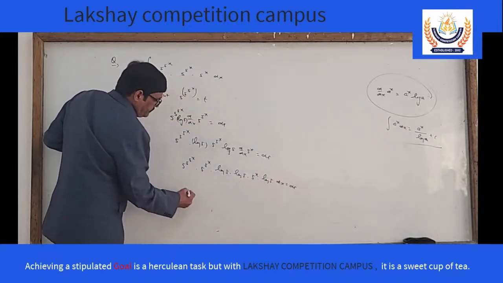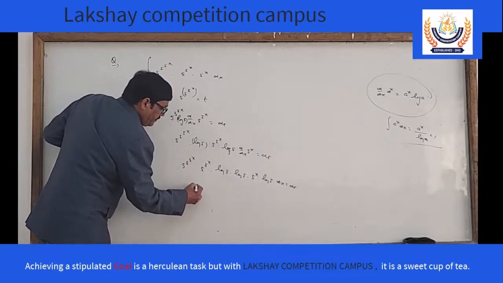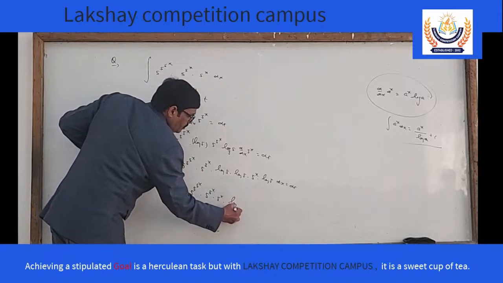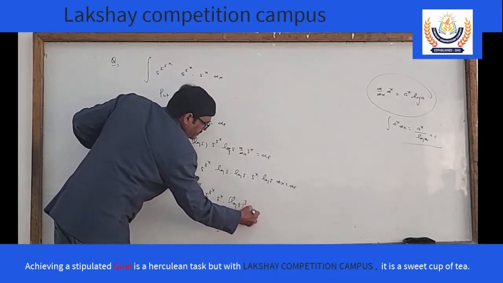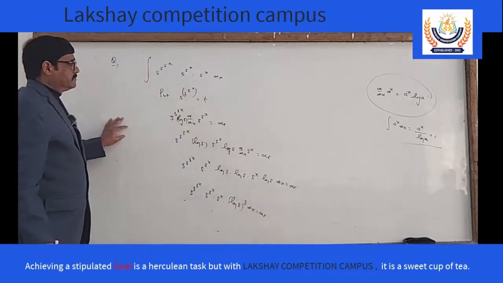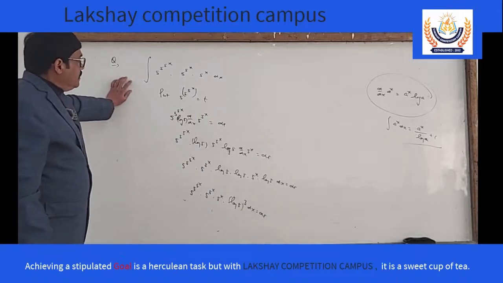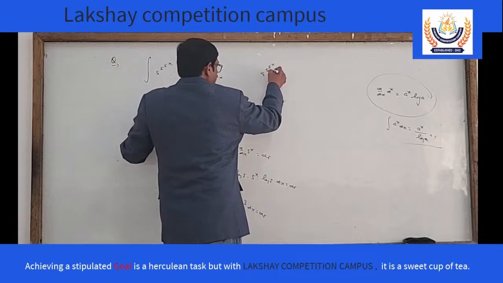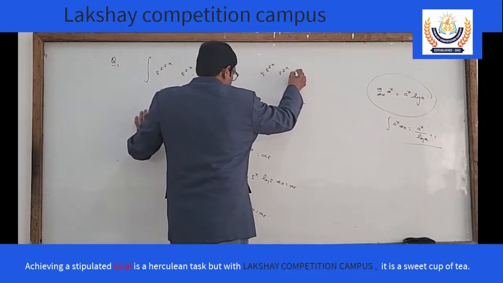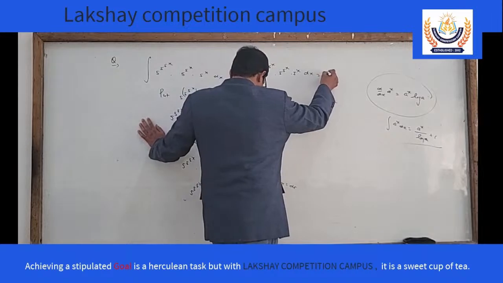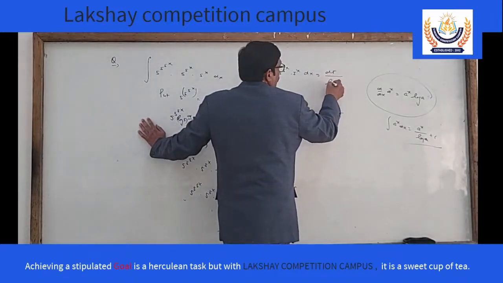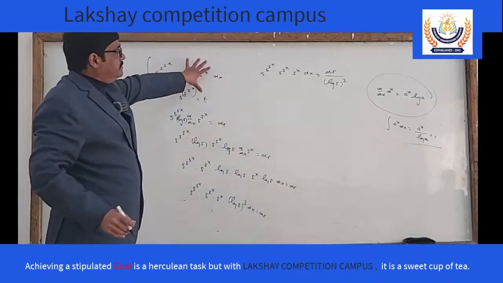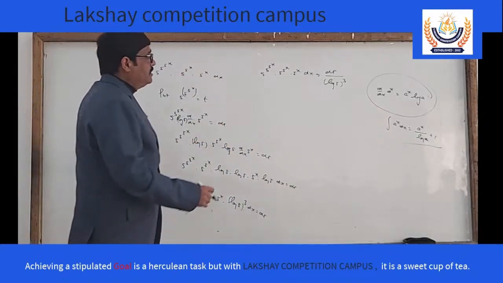So what do you find? 5 raised to power 5x and 5 power x log 5 cube dx as dt. Clear? So what do you find? This is the substitution method. dx equals dt by log 5 cube.